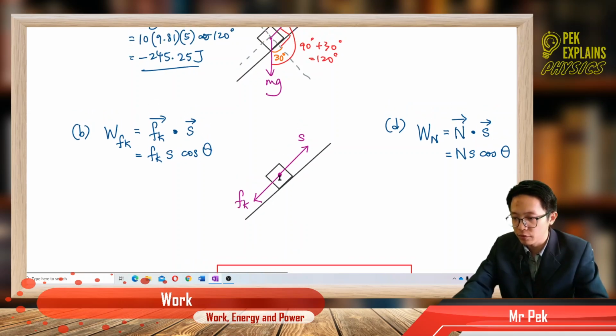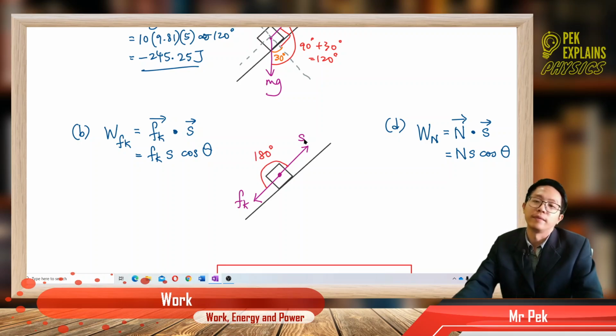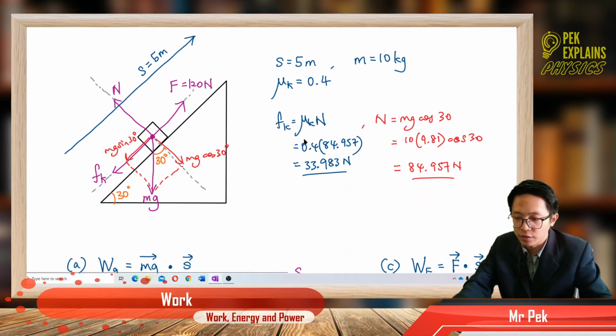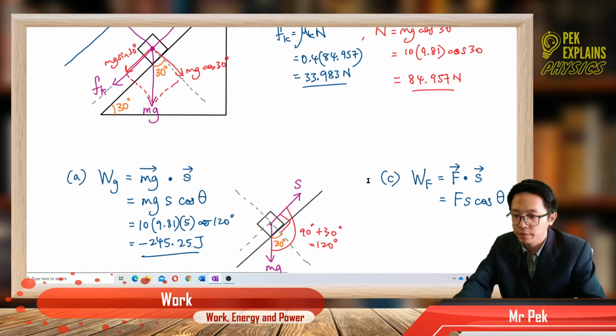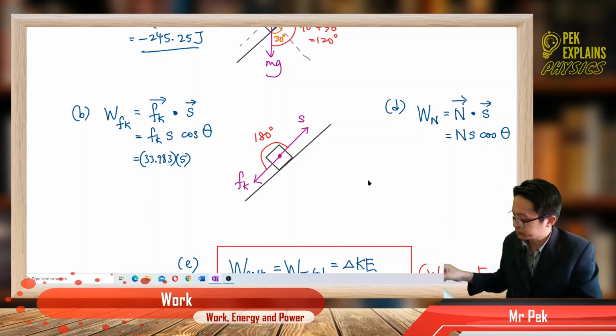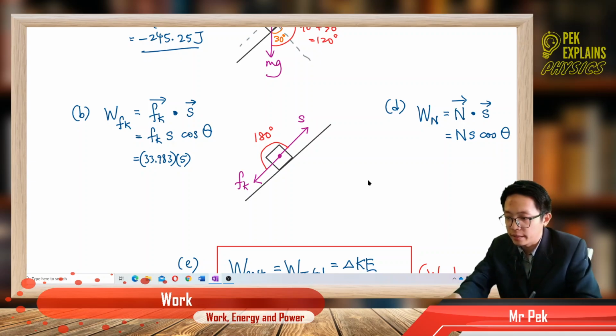So what's the angle theta between friction and displacement? Displacement is upward, so we need to compare between these two. Between friction and displacement, it is 180 degree. So now let's substitute. Friction is 33.983 times the displacement, which is 5 meter, and then cos 180 degree.